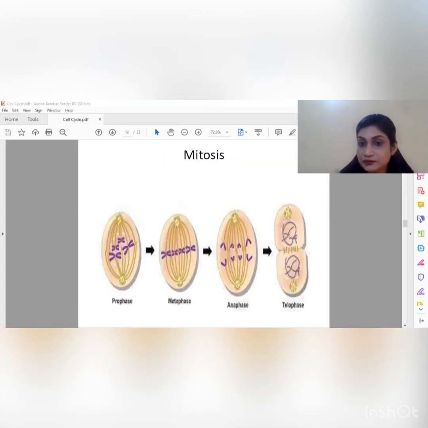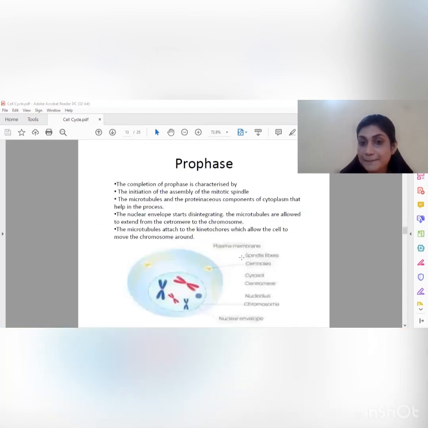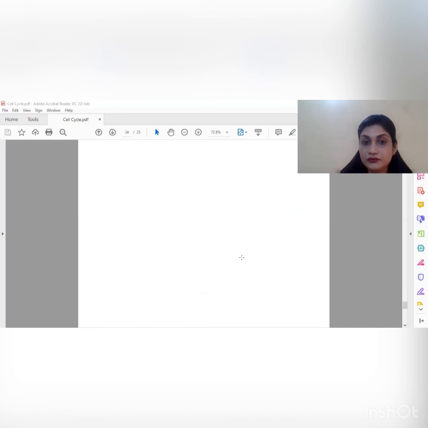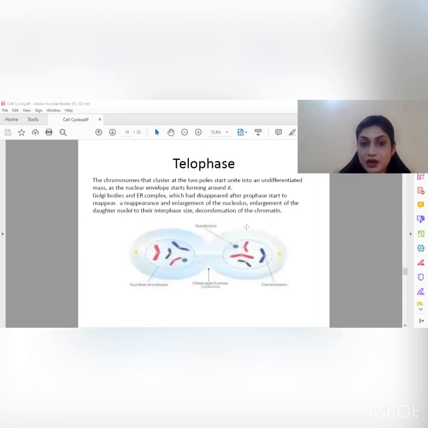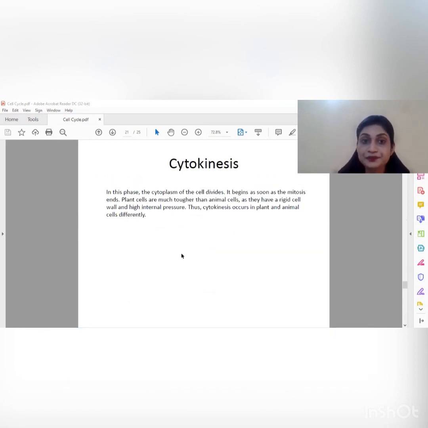Okay, no spindle fibers, only cleavage. Okay, so there is cleavage, and in case of plant cells, there is a plate formation.